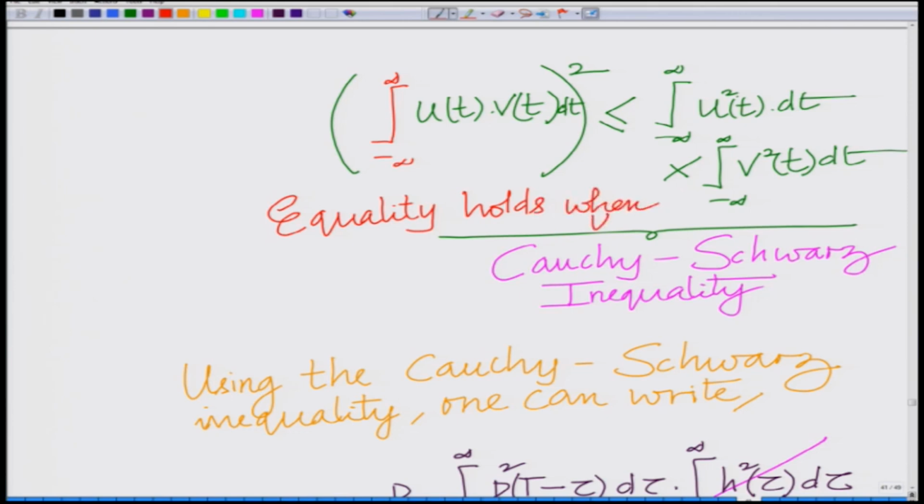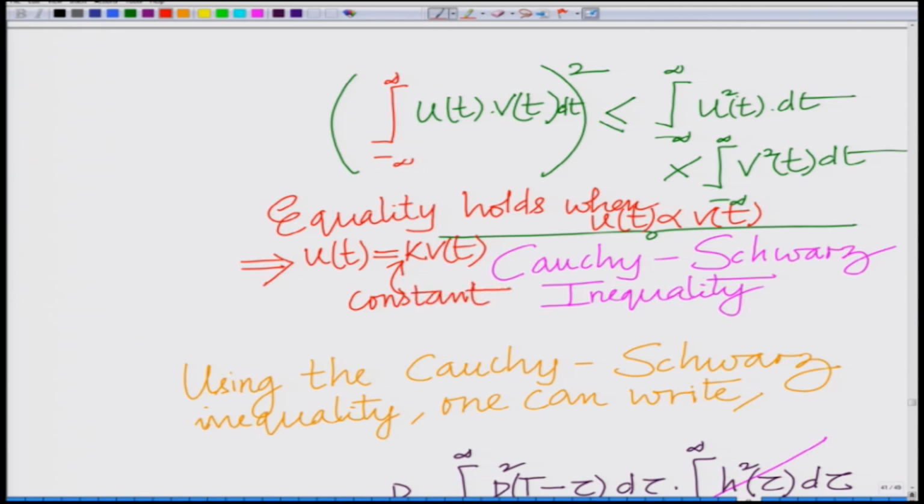If and only if ut is proportional to Vt. This implies ut is some constant k times Vt. So, this k is any constant.